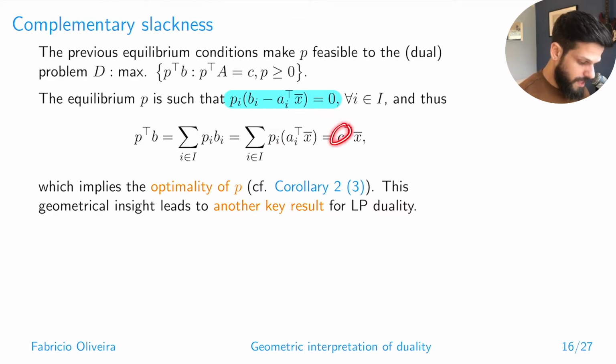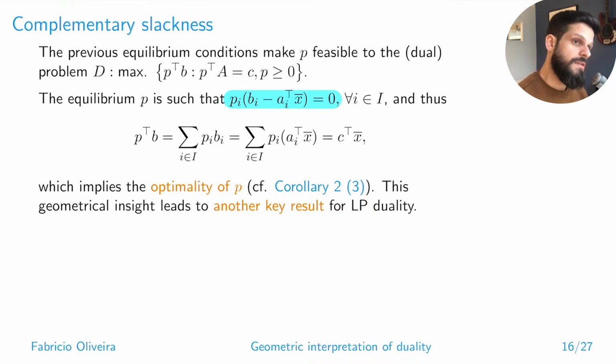Then if you look at the vector C and post multiply by X, you get this. And you can replace this with B, because for those where that is not true, the P is going to be 0. And that takes us exactly to the value.